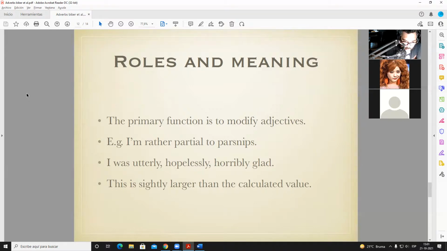Careful with than the calculated value, because it's a prepositional phrase complement of the adjective head larger. So in fact, what you have there is a noun phrase subject this, a verb phrase verb is, and then an adjective phrase, slightly larger than the calculated value, and that adjective phrase is a subject complement.